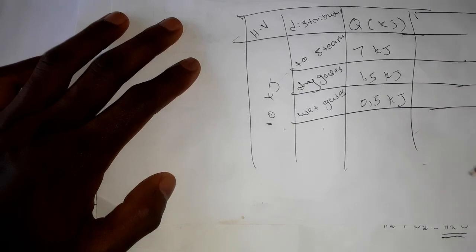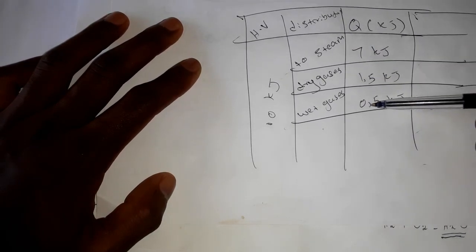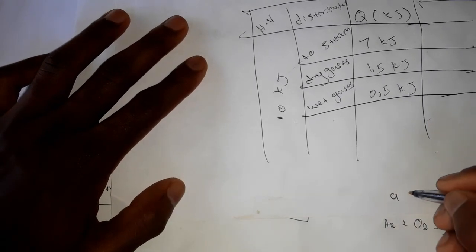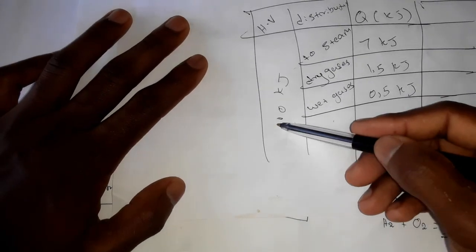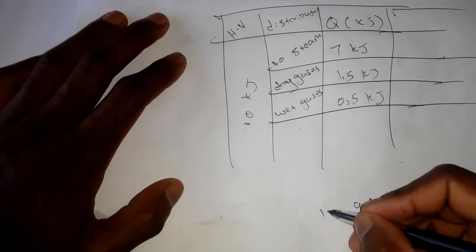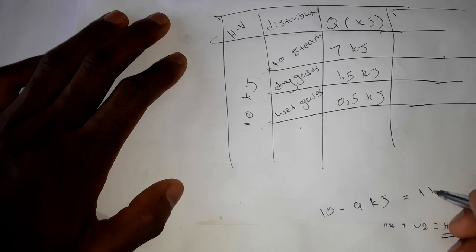When you add this, 7 plus 1.5 plus 0.5, this will give you 9 kilojoules. But the total amount of heat energy that was produced by the coal is 10 kilojoules. Therefore, we're going to say 10 minus 9, and we get that it is 1 kilojoule.